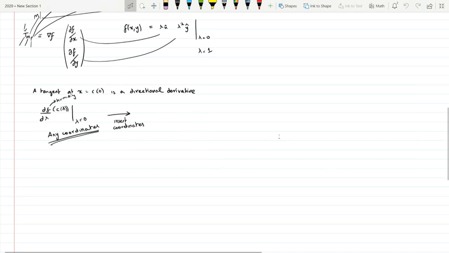Okay, so the point of inserting coordinates is the same as inserting the identity. And what we're going to do is insert coordinates here in the following way. We're going to take our function and write it like this.